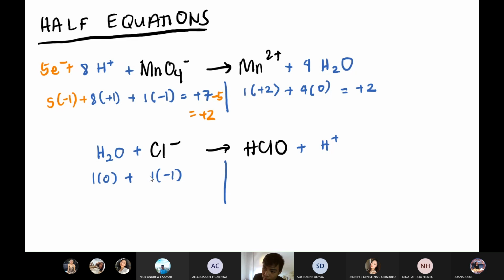This is 0, this is negative 1. So the left side is negative 1 in charge. How about the right side? Tingnan natin. 1 times, ano charge neta? Wala nakalagay doon. So 0. Plus 1 times positive 1. So all in all, that's positive 1. Ito yung tanong, sino yung highest charge? Sino sa dalawa yung highest charge?